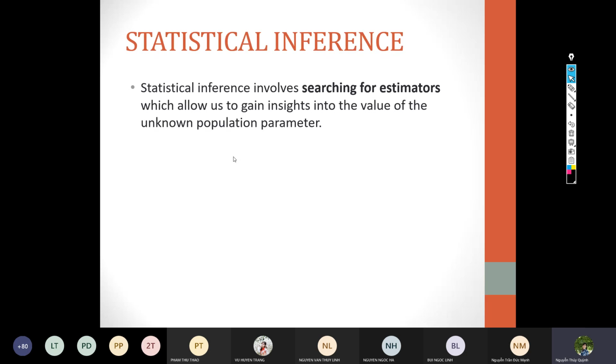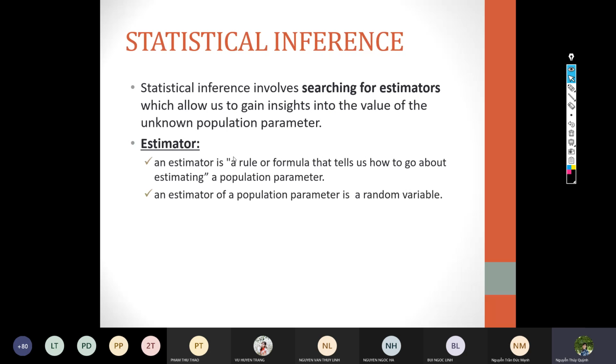All right, so what is an estimator? An estimator is a rule or a formula that tells us how to go about estimating a population parameter. For example, the formula for the sample mean is the average.